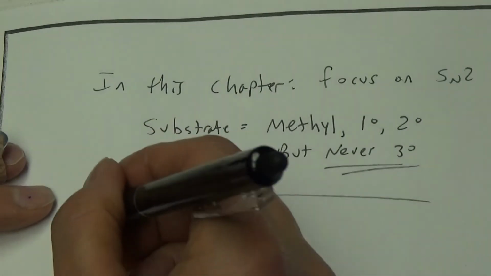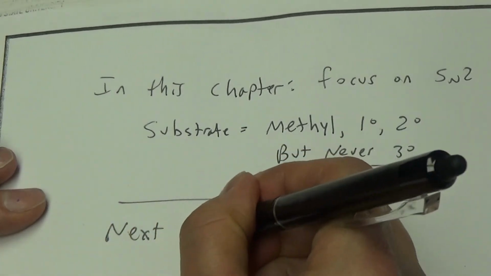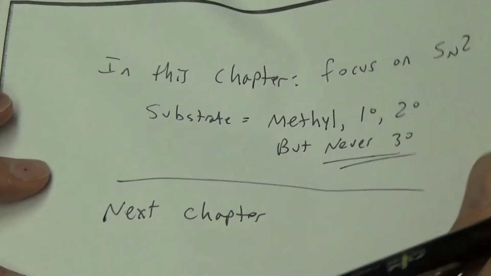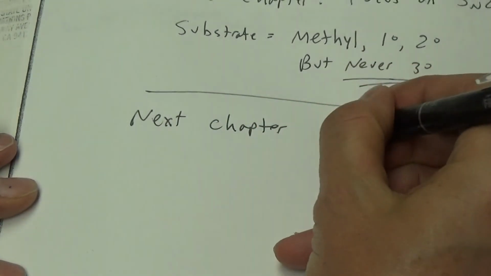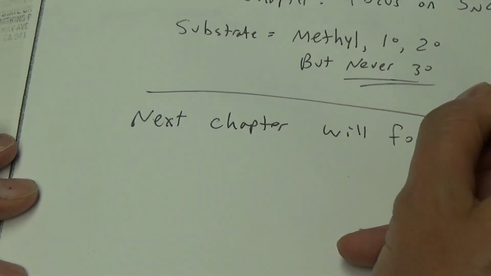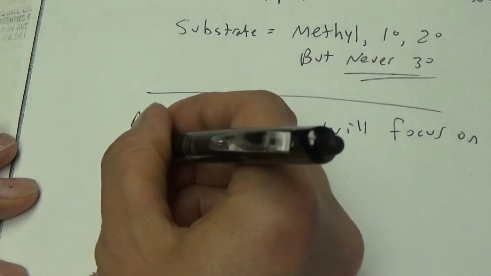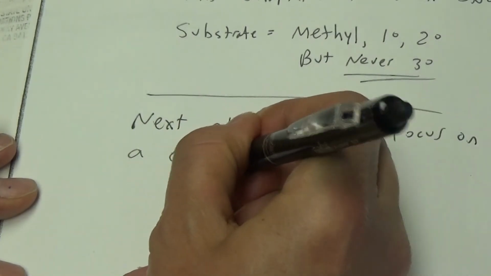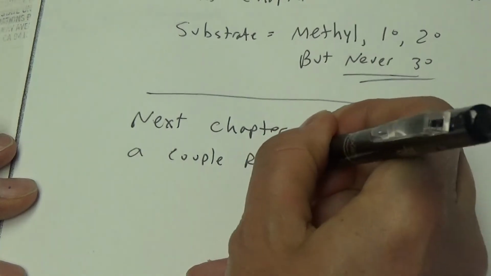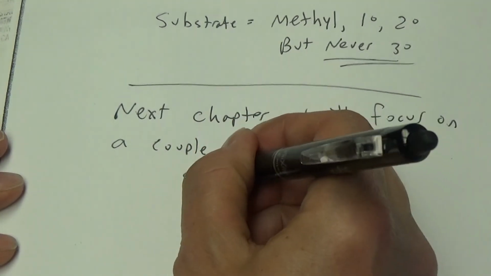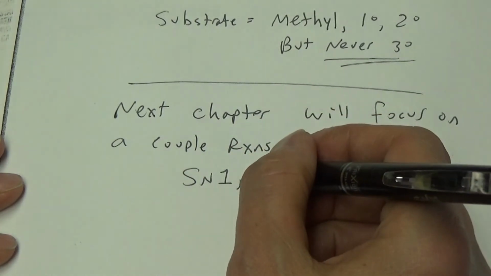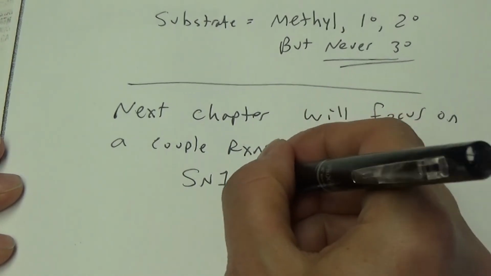And then the other thing is next chapter, we'll focus on a couple of reactions, not just SN1. We're going to talk next chapter about SN1, E2 and E1.